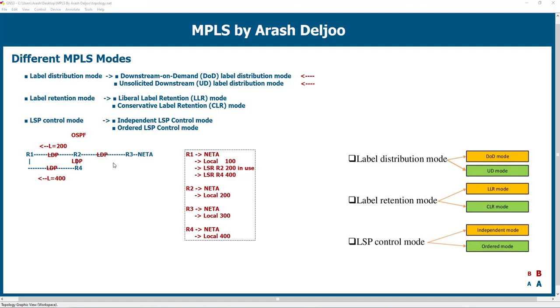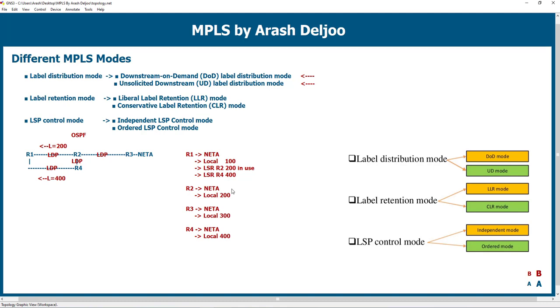In the UD mode, the second mode, each LSR distributes a binding to its adjacent LSRs or neighbor LSRs without those LSRs requesting a label. In the UD mode, an LSR receives a remote label binding from each adjacent LSR. You can see this method. In the case of DoD, the LIB holds only one remote binding, whereas in the case of UD, you are likely to see more than one.